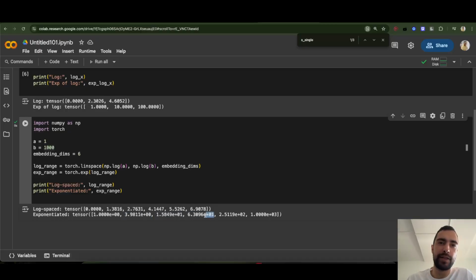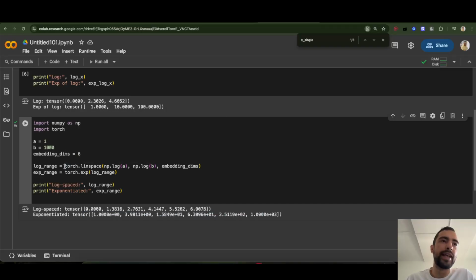So this is 63, this is 251, this is 1000. Because it's 1 times 10 to the power of 3. So it's growing exponentially, so that's what we want.